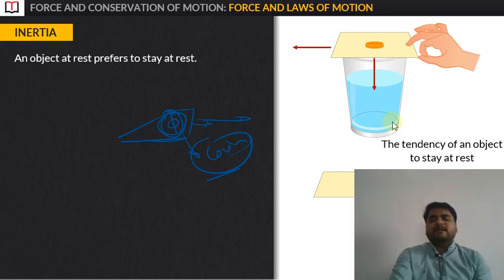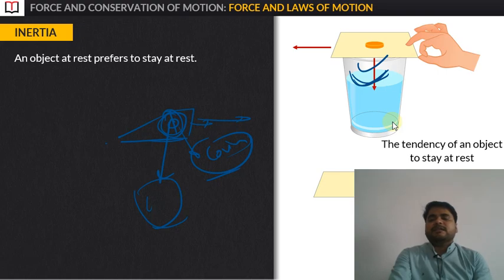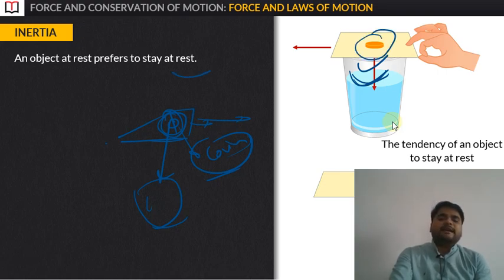That's why the coin fell down in the glass. It is happening because of the law of inertia, meaning inertia of rest. That is called the inertia of rest. Means the object is at rest and prefers to stay at rest. It means it will not move with the card. That's why it fell down in the glass bottle.